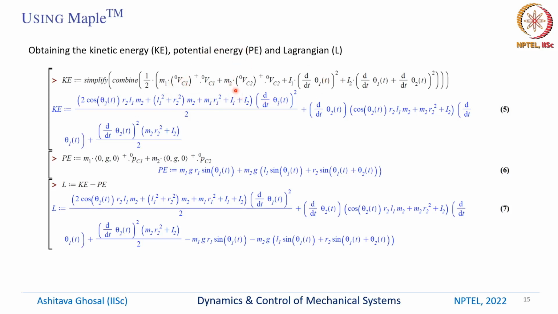This is half m2 vc2 square, and then you have I1 theta 1 dot square, then I2 times theta 1 dot plus theta 2 dot square. So this is I1, which is the moment of inertia of the first link, and we are only interested in the z component. We need to make sure that we are doing a planar example, so only the z component will appear. You type this and Maple will give you this output.